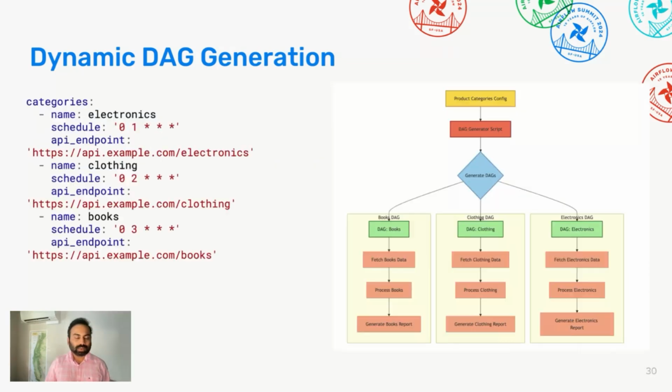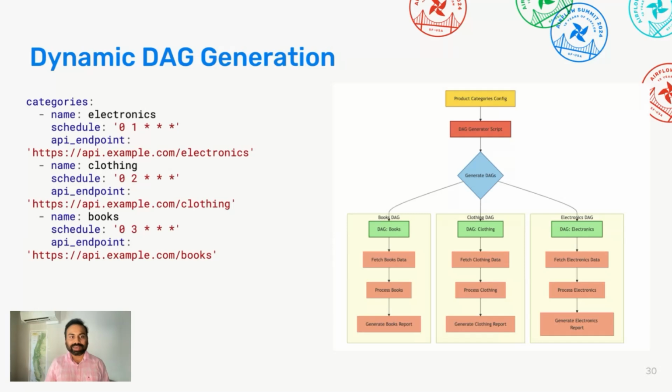Let's look at an example. In this case, let's say we want to generate different DAGs for books, clothes, and electronics, which run at different schedules. We have defined that in the config. In the config, we have a category for electronics, a category for clothing, a category for books, and a couple of parameters like schedule and an endpoint.